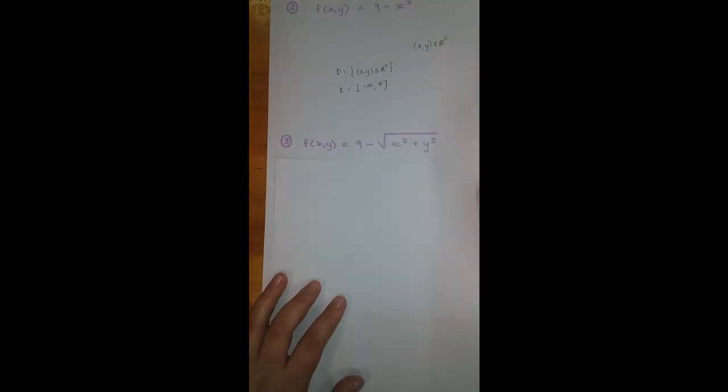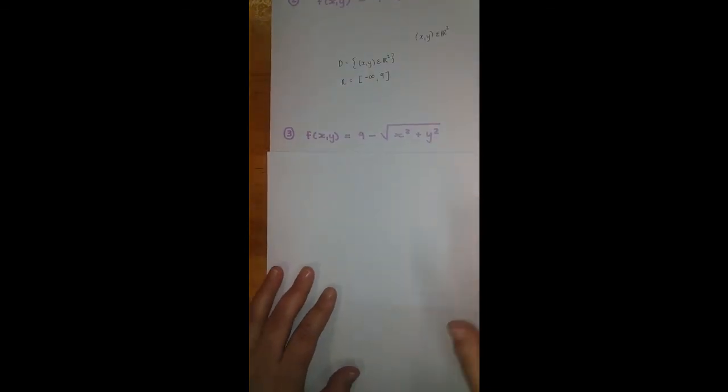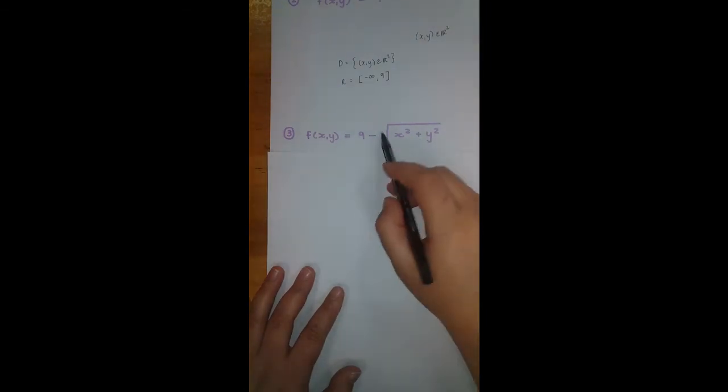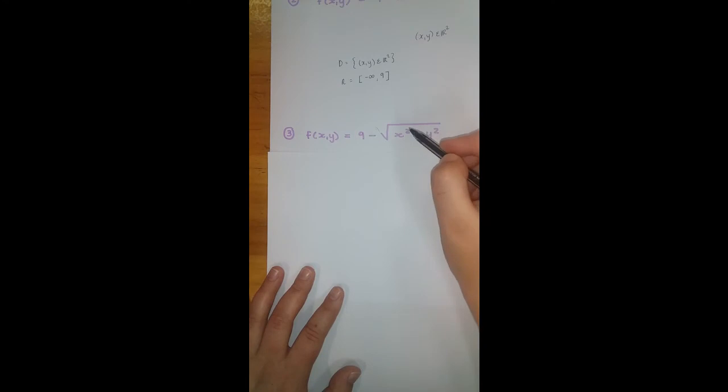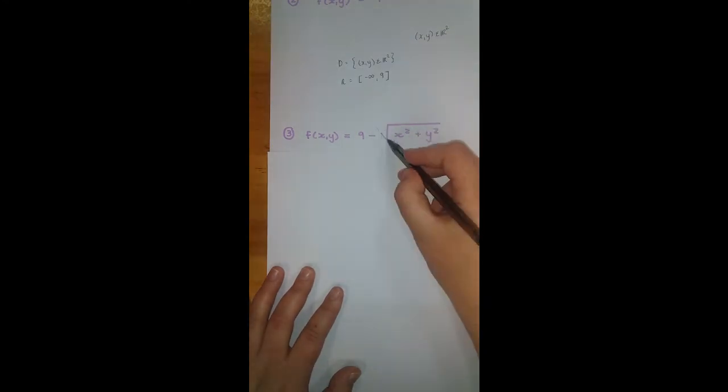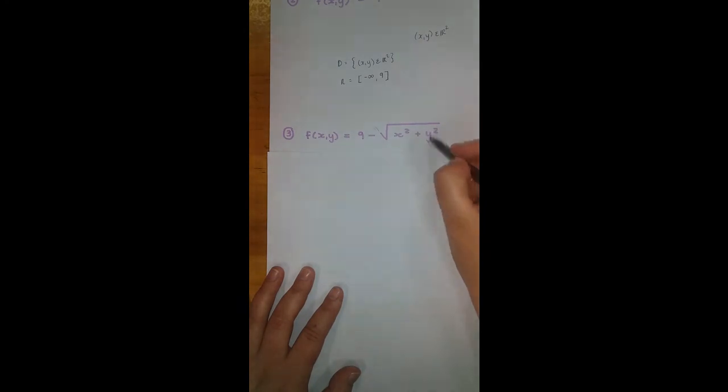Okay, the next function, so we see we have a square root here. That's the first thing that should catch your eye. The next thing to note is that this is a negative part of a cone. Since there's a negative in front of the square root of x squared plus y squared.